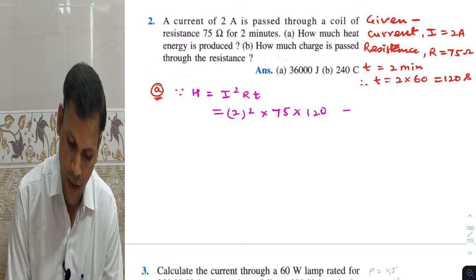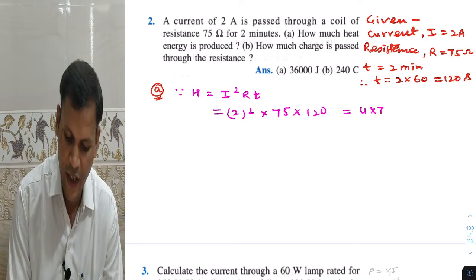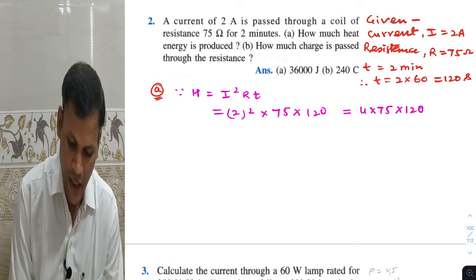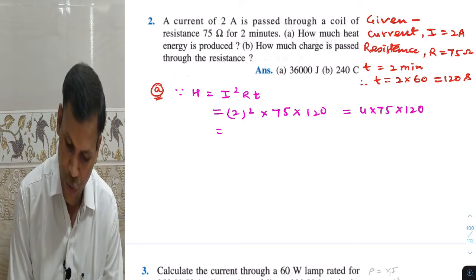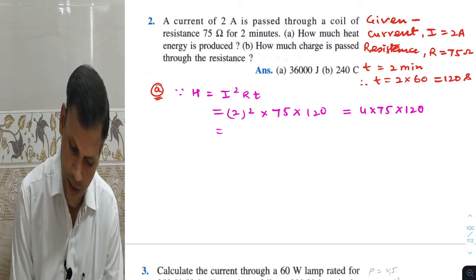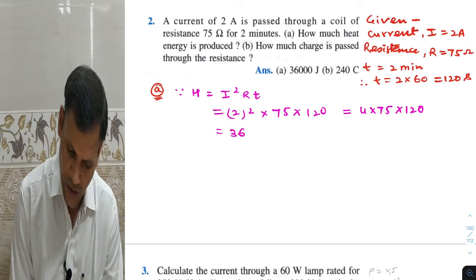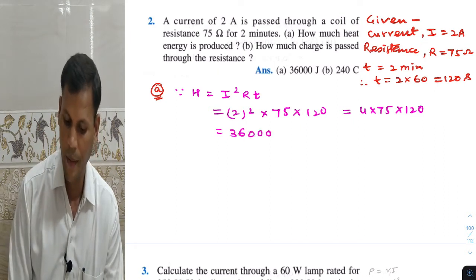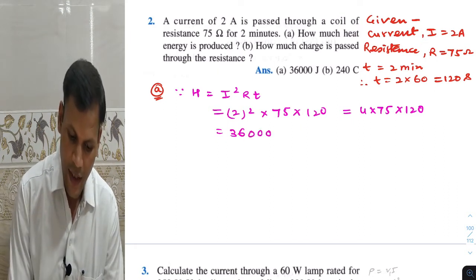So it will be 4 into 75 into 120, and 300 into 120. That will be 36000. How did I do the calculation?